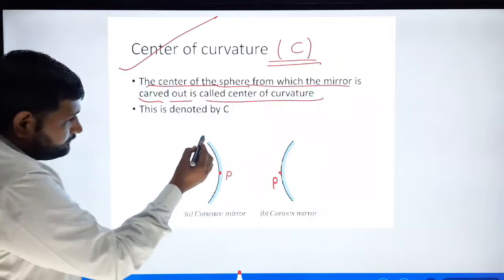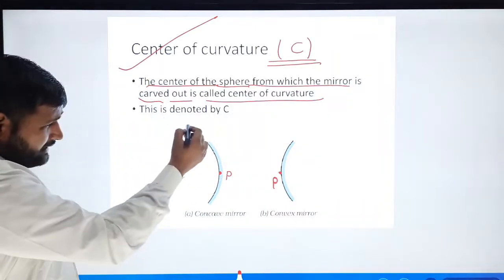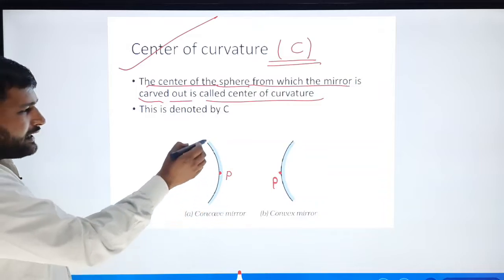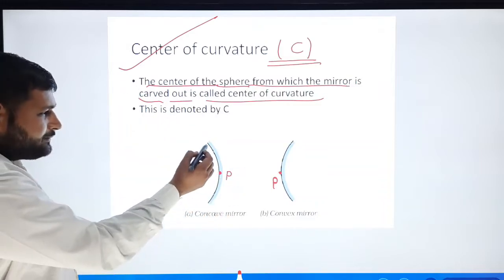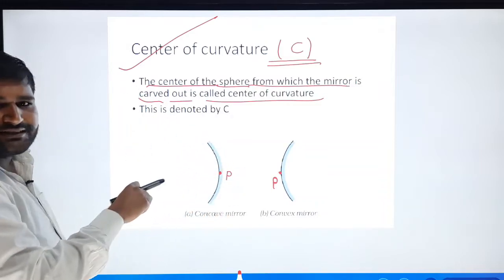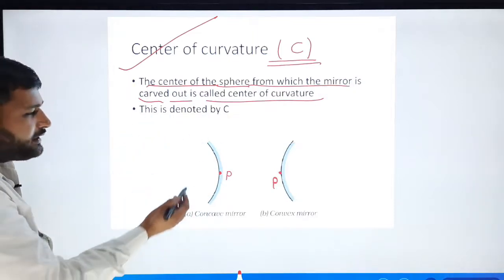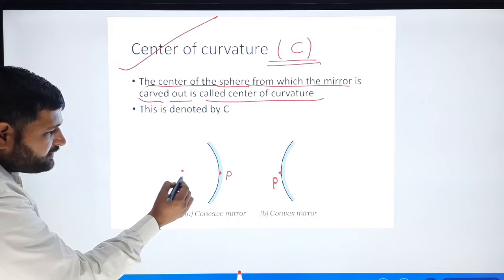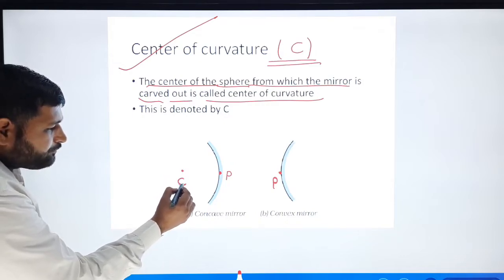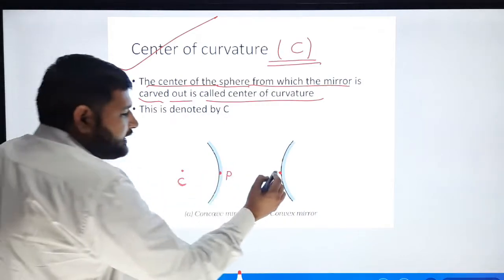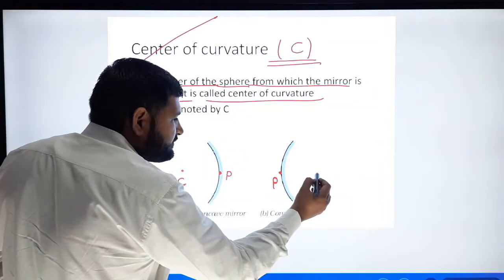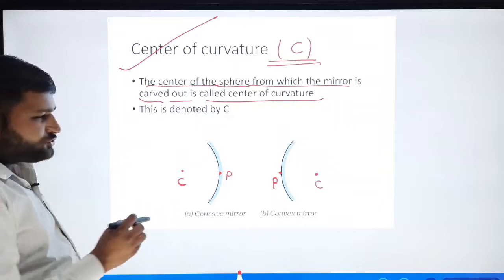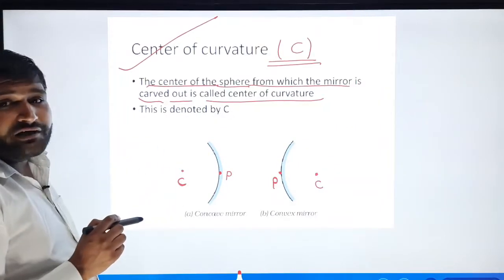If we look at the alignment of the surface of this concave mirror, it is very easy to guess in which direction the center of this surface would be. The center of this sphere would be on the left side, and in a convex mirror the center of the imaginary sphere would be on the right side. So what is the center of curvature?